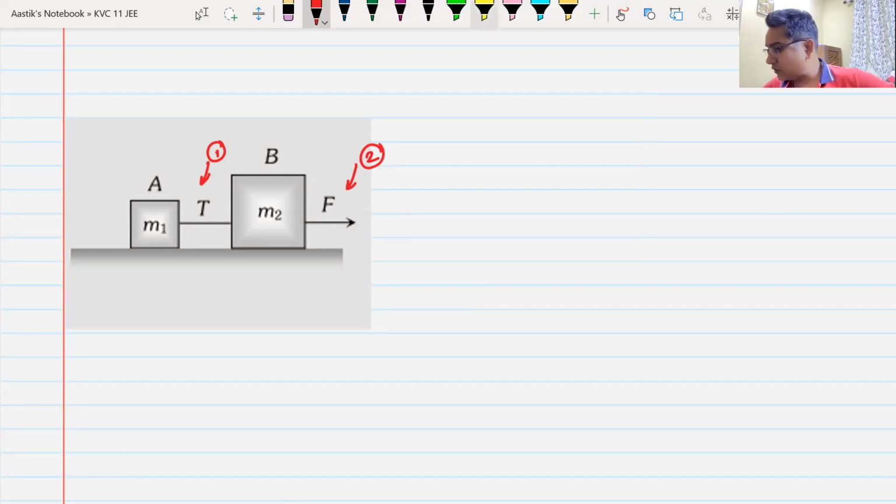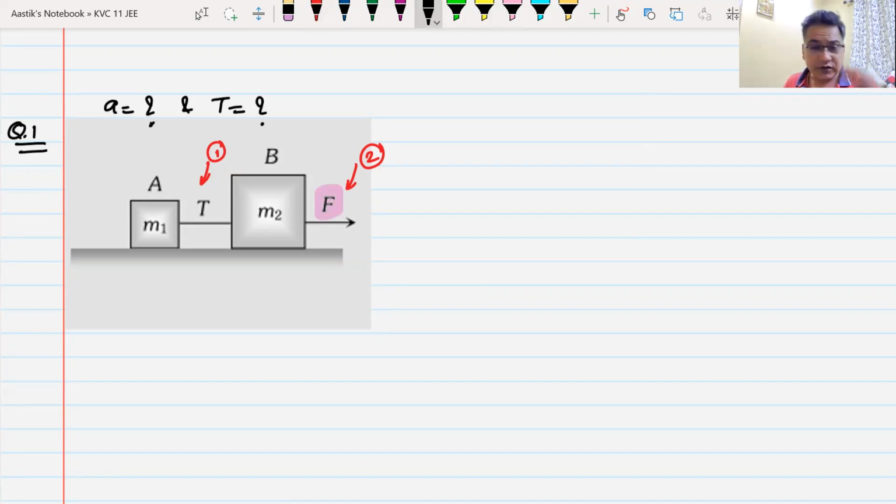What is known to you is the force applied and the masses m1 and m2. What you have to find is the acceleration of the two blocks, and the tension in the string connecting the two blocks.